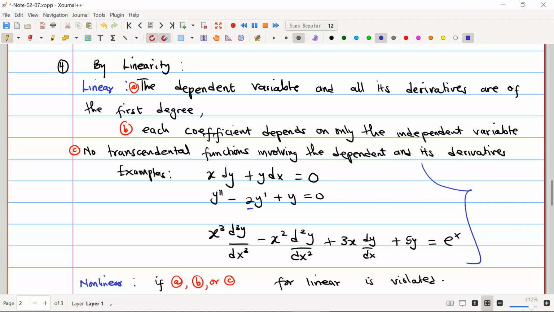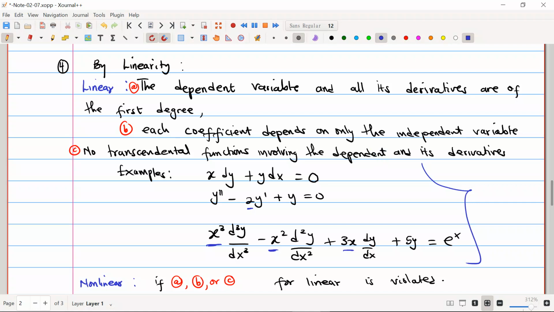This is not dependent on y. 2 is just a number, so the coefficients in all the equations should be dependent on only the independent variable. 2 here is just a constant, so you can even say that it doesn't depend on anything. On this side, this is x cubed and it depends on only x. This x squared depends on only x. This is 3x, depends on only x. It doesn't depend on the dependent variable y, right?